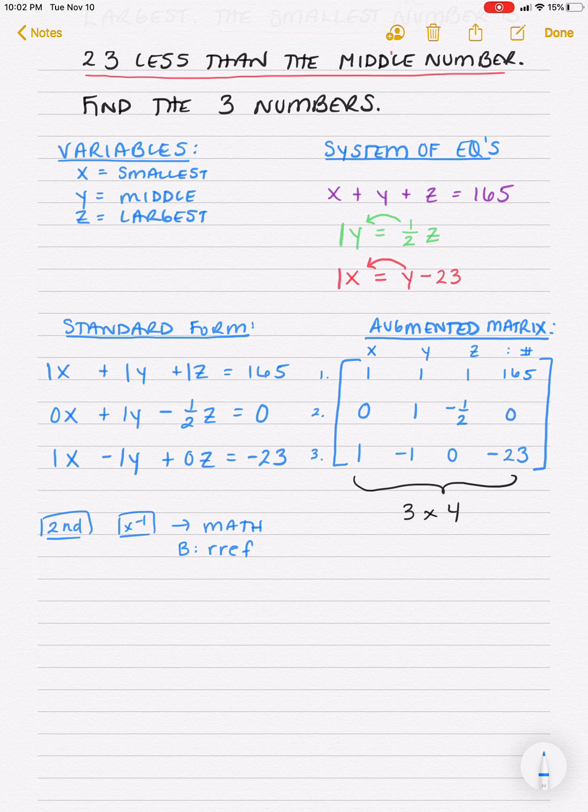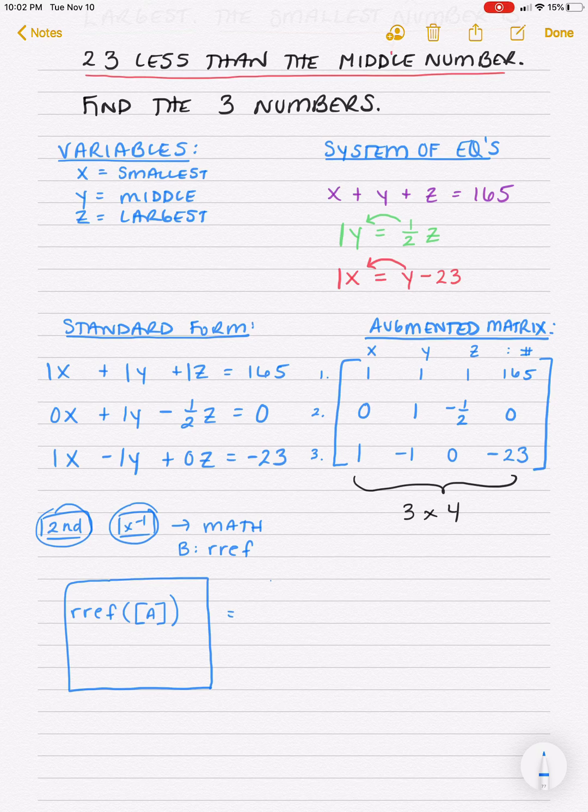All right, so here's what your calculator screen is going to look like. Once you hit enter for rref, it's going to say rref parenthesis. Now what we need to do again is hit second matrix, but this time hit enter for matrix A and pull matrix A out into your home screen.